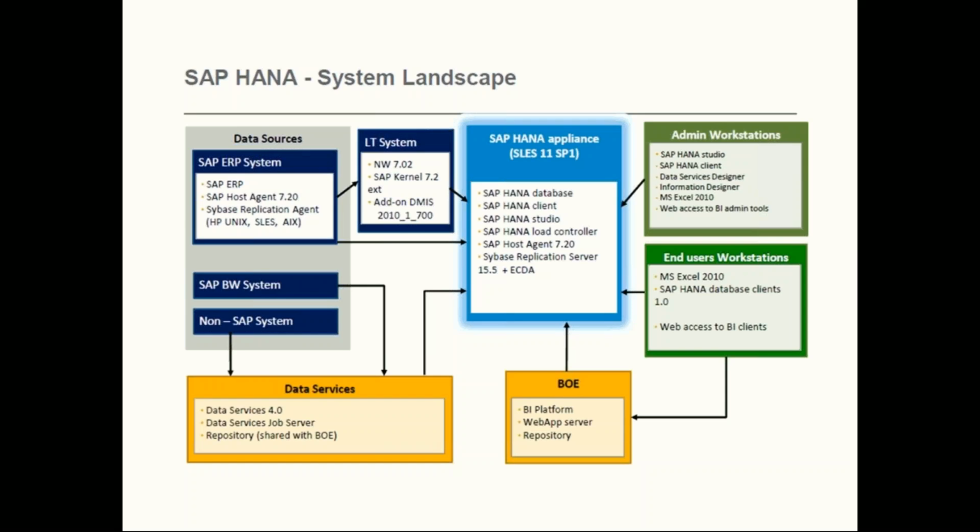SAP applications like ERP, CRM, SEM. Non-SAP can be files like Excel files, CSV files, text files, Hadoop files. Non-SAP can even be a standalone database like Oracle, SQL Server, DB2. Non-SAP can be applications like Oracle apps, PeopleSoft, Siebel, anything.